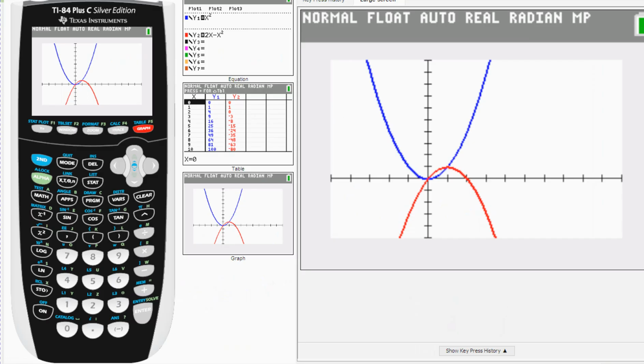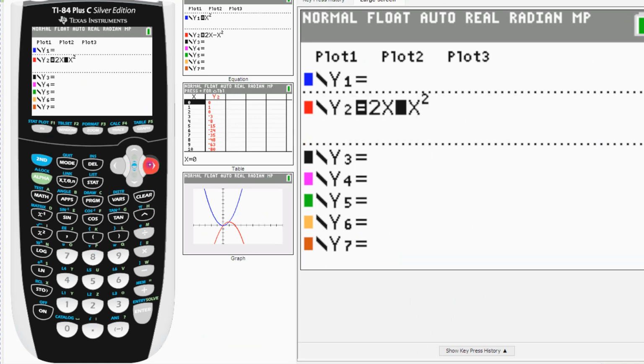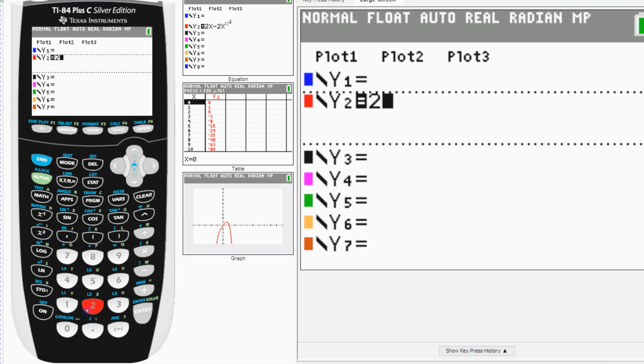So if I go to my graphing calculator, I'm going to clear that out. And I'm going to use this, 2x minus 2x squared.